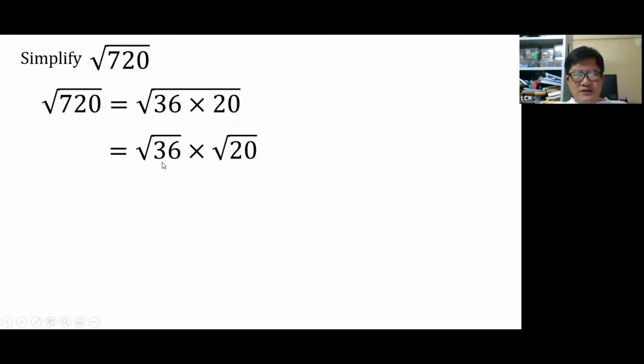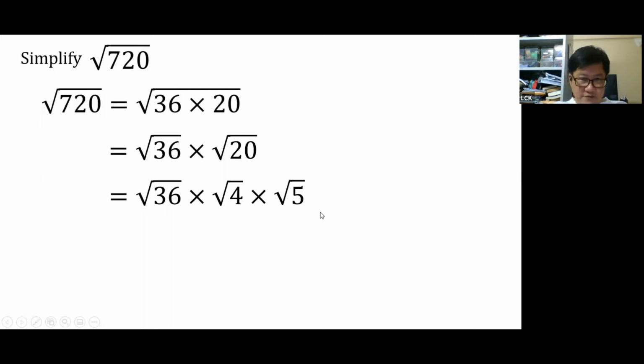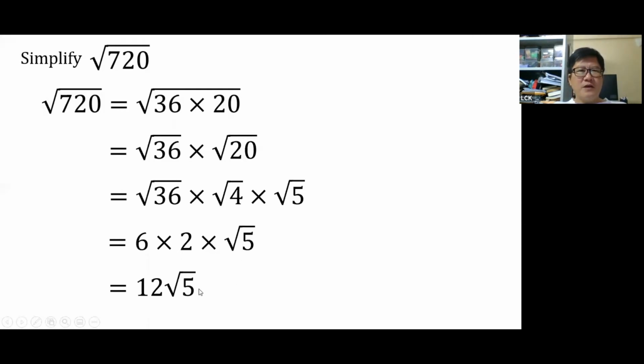The square root of 36, of course, is 6. But here I've decided to break down 20 into 4 times 5. So square root of 36 is 6, square root of 4 is 2, and square root of 5, leave it as it is. It's a dead end there. We cannot simplify that further. So you have 12 square root 5 as the answer. This is the simplified form.